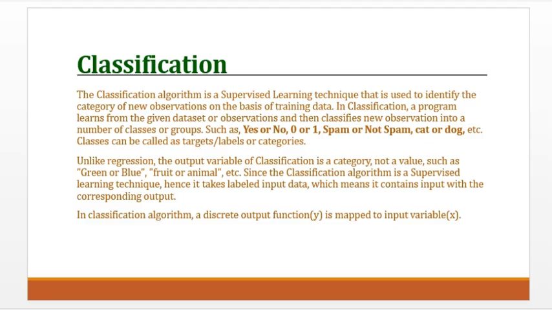This can be either yes or no, for example in a disease diagnosis, whether the patient has the disease or not. In a classification algorithm, a discrete output function is mapped to an input variable.